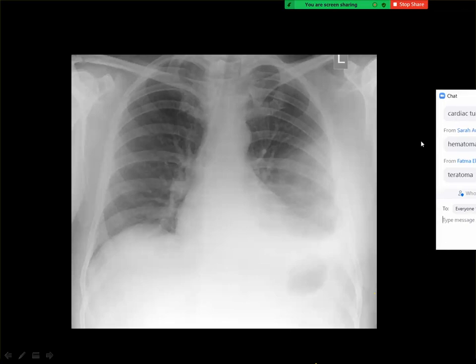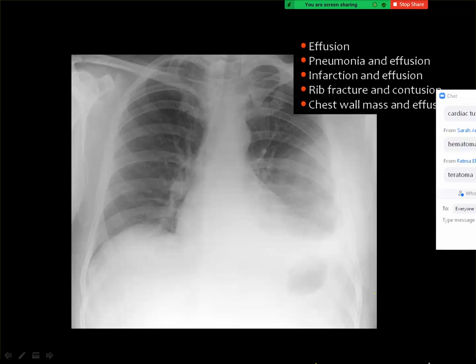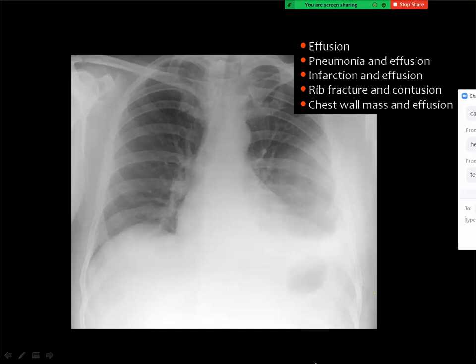This is the chest x-ray, and you got some opacity on the left side together with obliteration of the left costophrenic angle. What do you think? I think we have some of the differential diagnosis: effusion, pneumonia and effusion, infarction and effusion, rib fracture and contusion, chest wall mass and effusion.